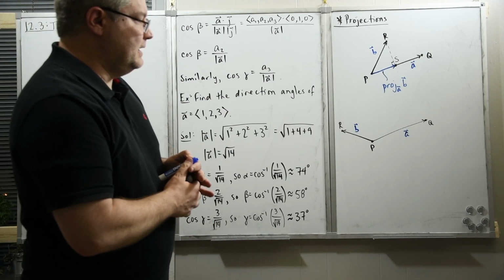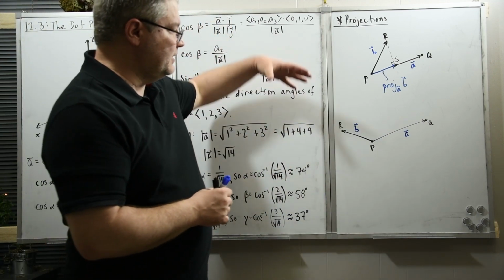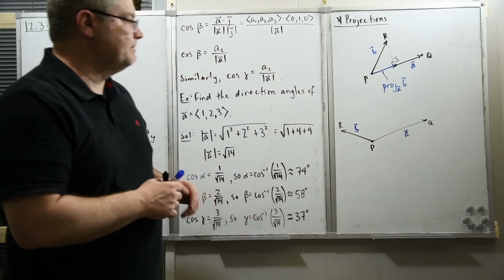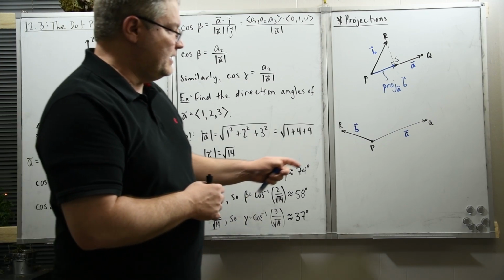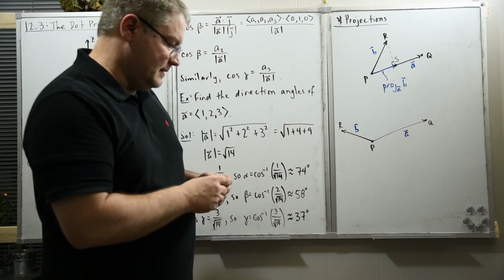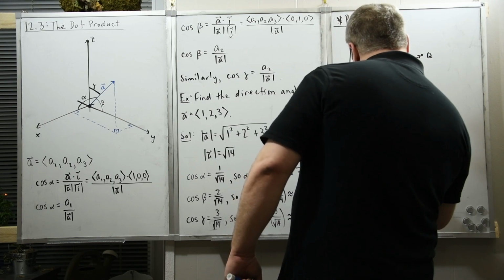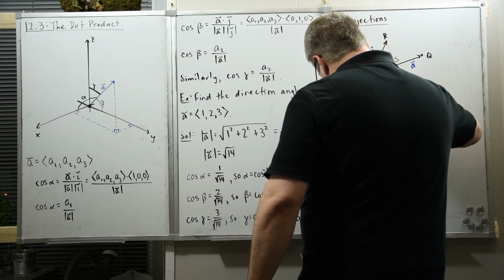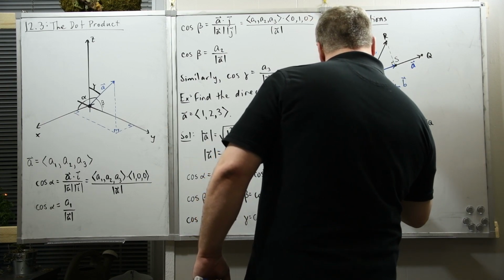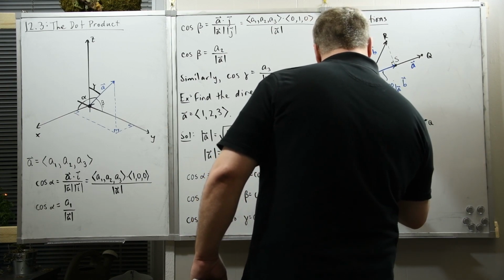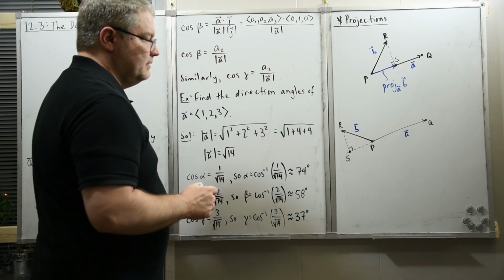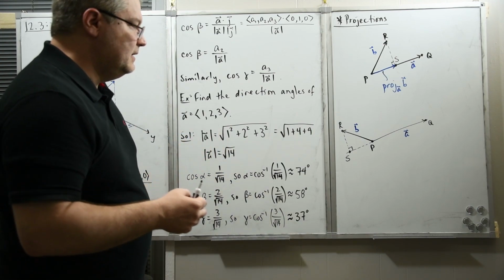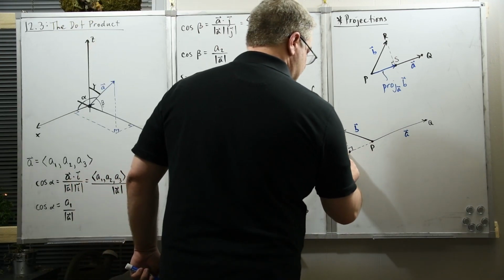And we're still interested in this idea, once again, of shining a light source that's perpendicular to the line containing the vector A. We want to see what sort of shadow this vector B casts on that line. And we could say that the point where the perpendicular hits the line containing vector A is going to be the point S again.